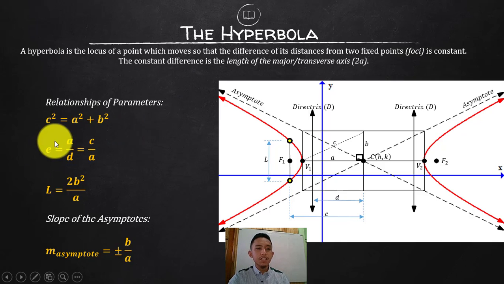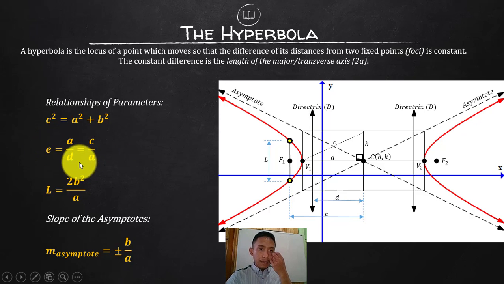If the given is eccentricity, if eccentricity is bigger than 1, that is a hyperbola. If eccentricity is less than 1, that is an ellipse. If eccentricity is given as equal to 1, that is not a central conic, it is a parabola.